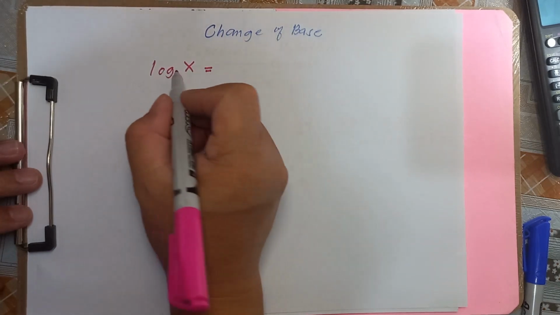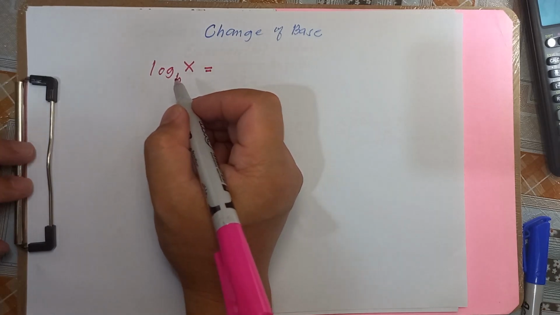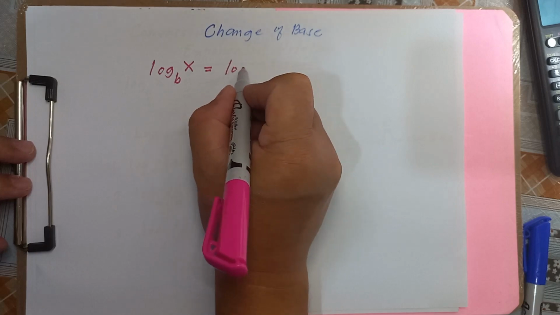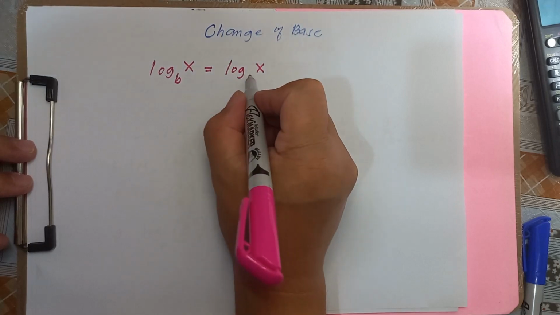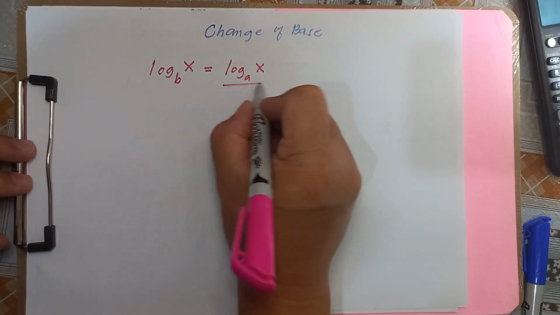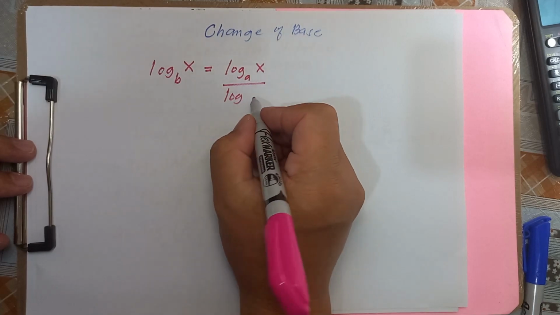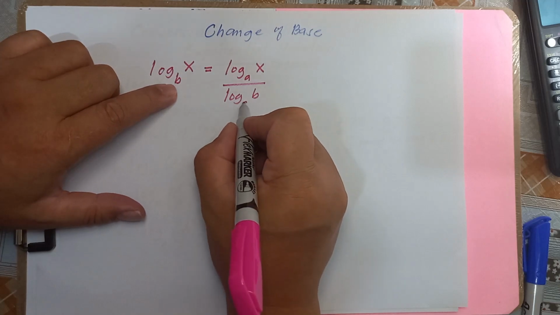We can convert that by saying log of x with the base a over log of b with the base a.